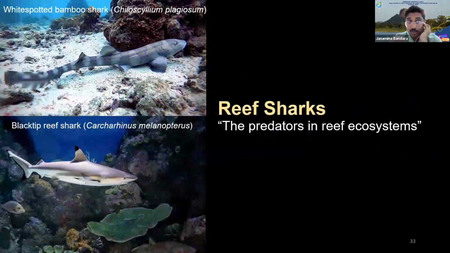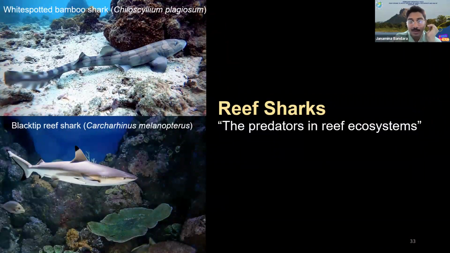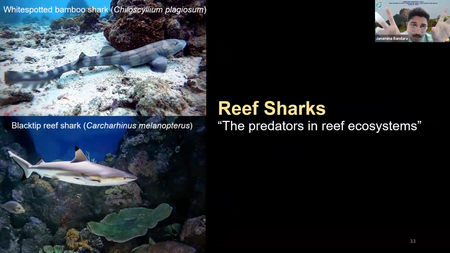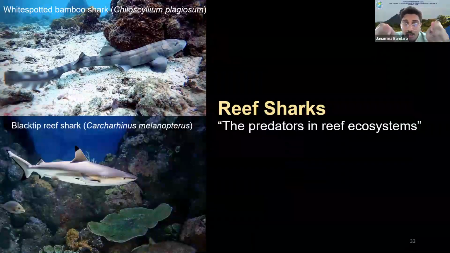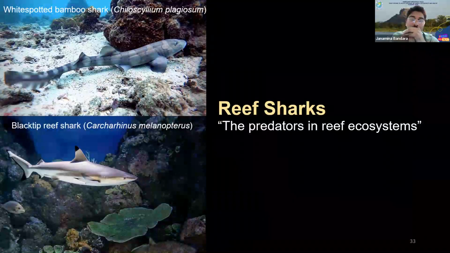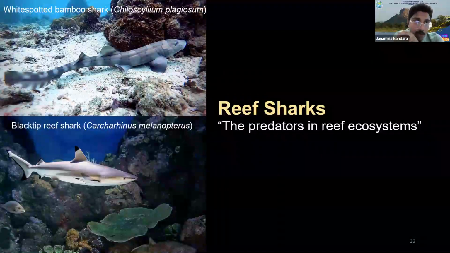And speaking of predators, we have to mention the reef sharks as well. Some of the common reef sharks in Sri Lanka belong to the Carcharhinus genus, which is the requiem sharks, and in Sinhala, I think it's called the Kirimora species.